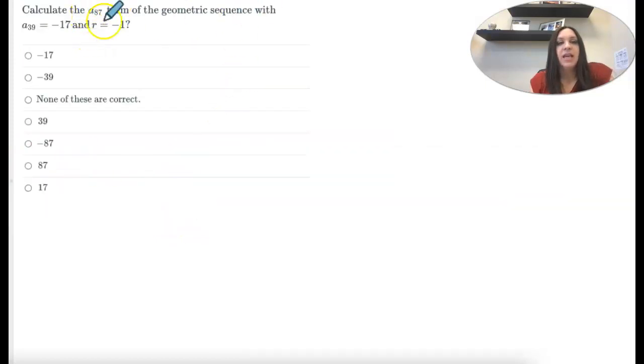All right, calculate the 87th term, and we know the 39th term, and r equals -1. So for this one, we want to get the first term in our equation. Here's our standard equation: an is a1 times r to the n minus 1.